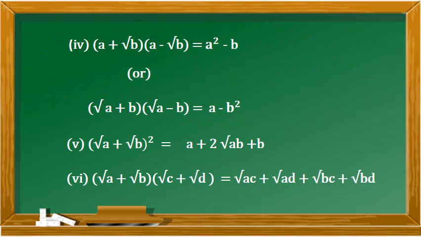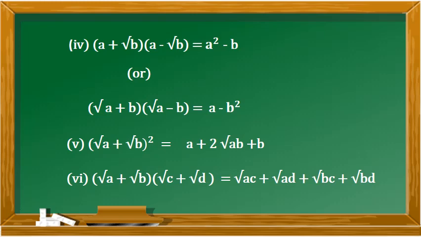The fourth identity is A plus square root of B into A minus square root of B. So it is in the form of A plus B into A minus B, and here you get A square minus B square. Here A is equal to A and B is equal to square root of B, so it becomes A square minus root B the whole square.